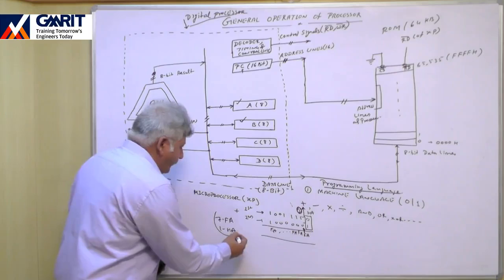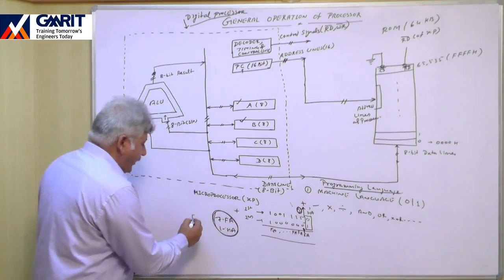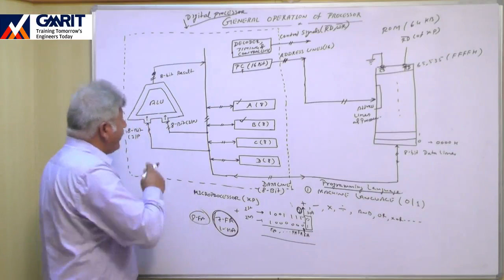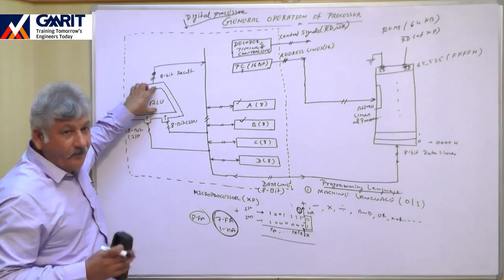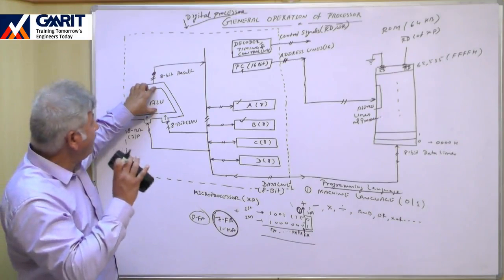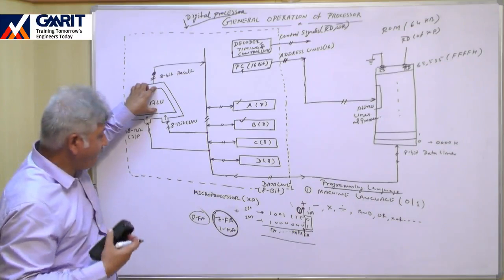Now this type of circuit, 7 full adders and 1 half adder, or 8 full adders, is already fabricated inside this arithmetic and logical unit by the company that designed this particular processor.